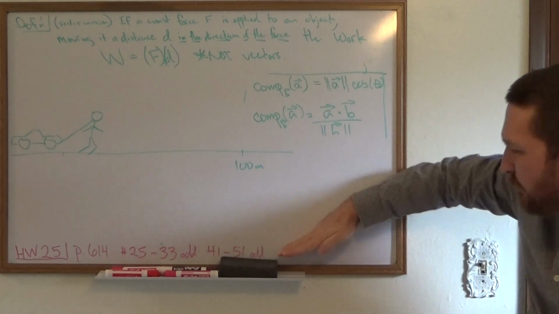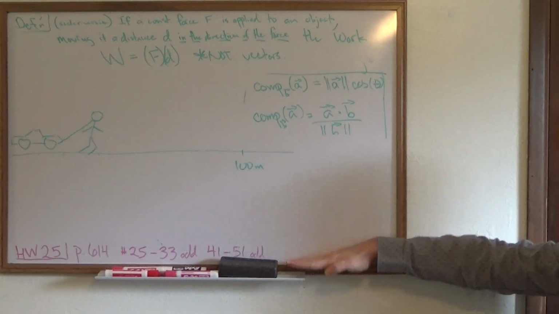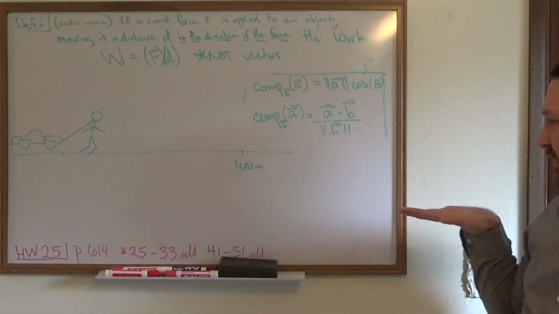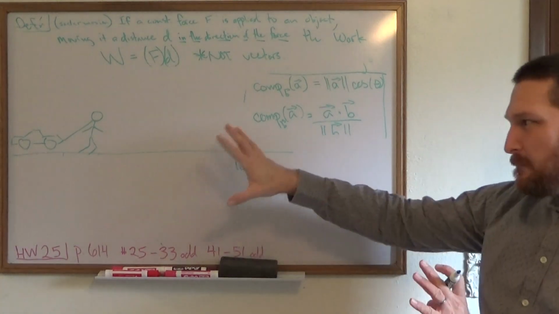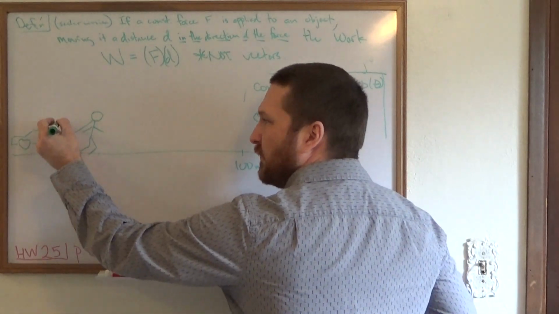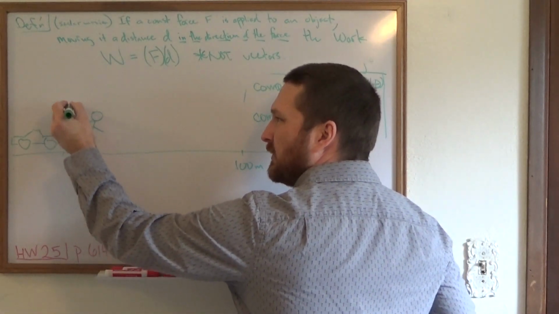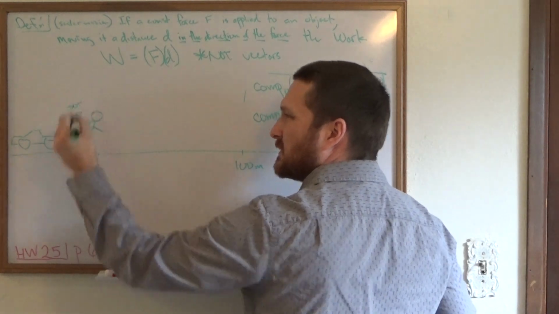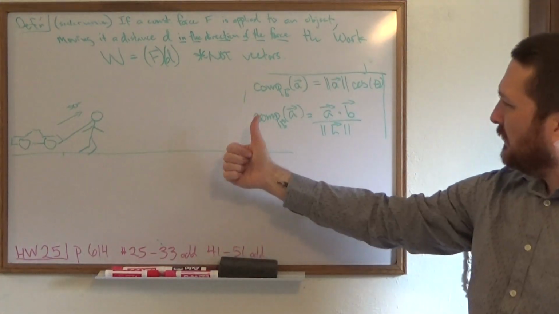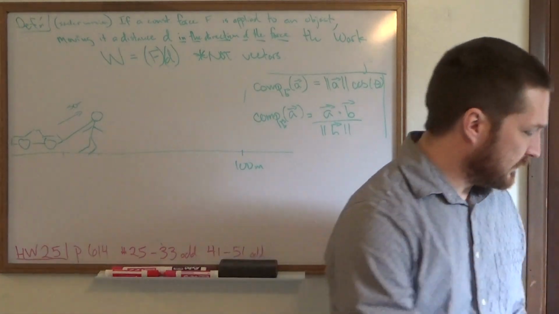The force isn't purely in the direction of motion. Some of the force is going down this way, some of the force is going this way. And so now we have a different scenario because the force is in this direction, and we'll say it's like 50 newtons. But now it's not going in the direction of motion, so what are we going to do?